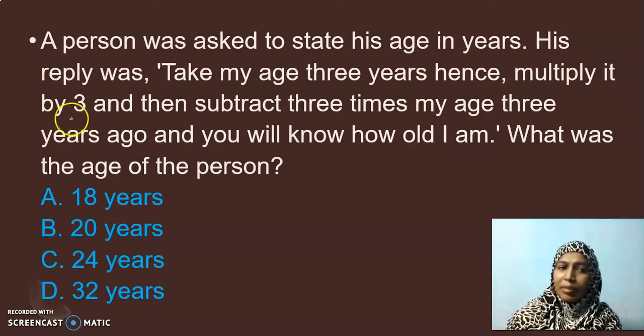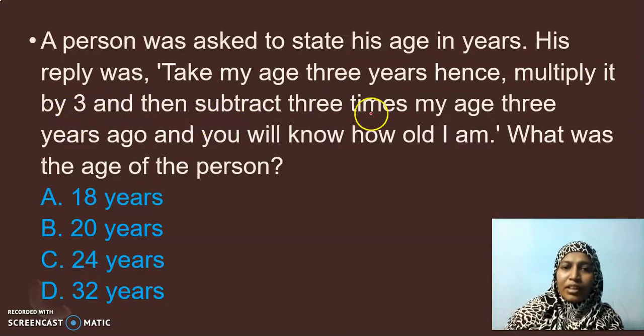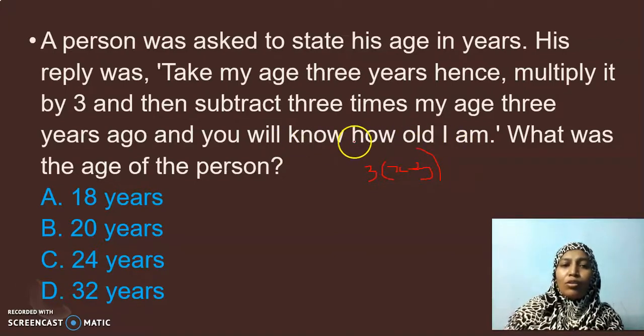Then subtract 3 times my age 3 years ago. 3 years ago means it will be x minus 3. Do that and you will know how old I am. What was the age of the person?